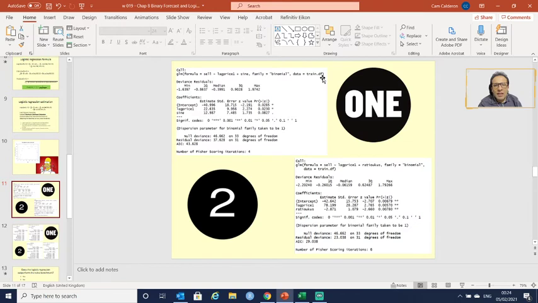As you can see here, we have as a formula sell, which depends on the lag price and the sin, and the family we use is binomial because we want to use logistic regression, and the data is a training period, right? Then we find that the lag price and the sin are very significant.